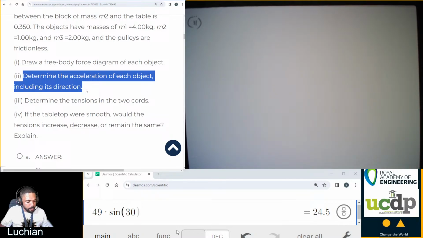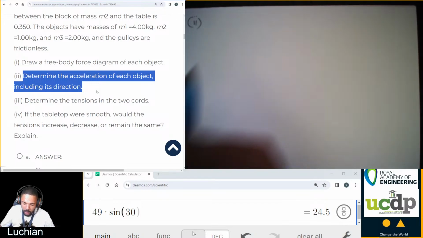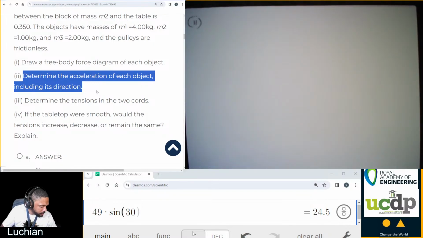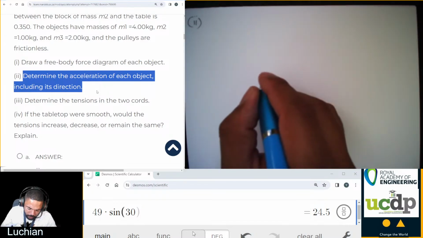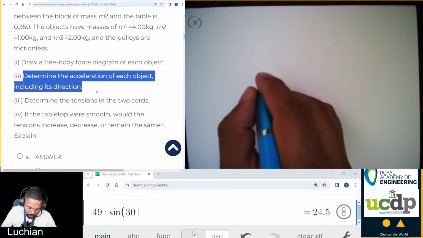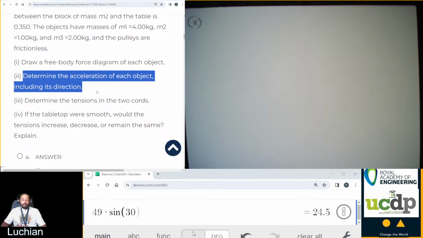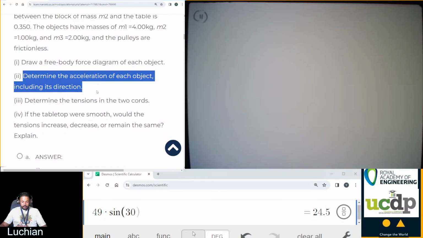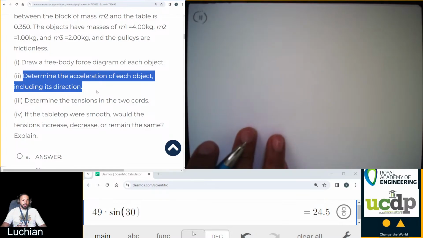Let me just remove this page here. So now let me indicate all the tensions.